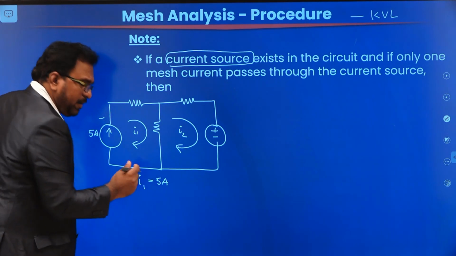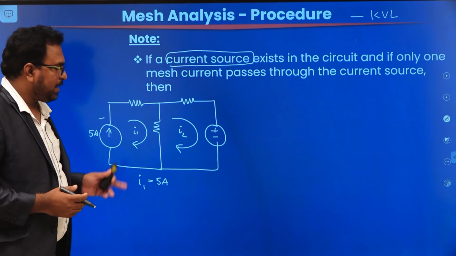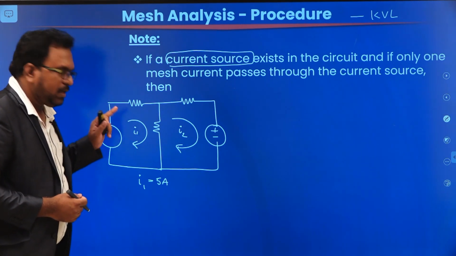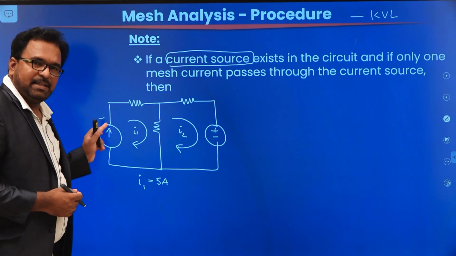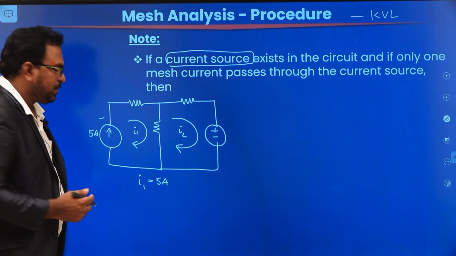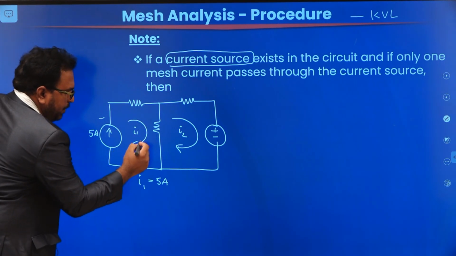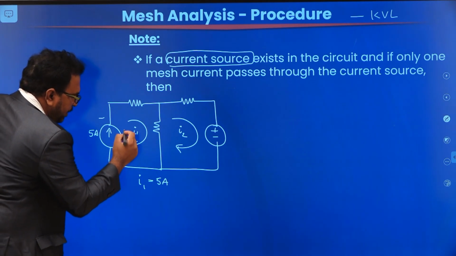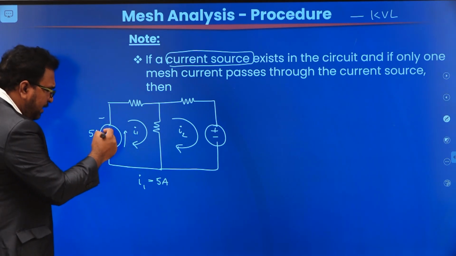But whether it is plus 5 or minus 5 will be decided by the direction. If the source current value and the direction of the variable are both in the same direction, then we will choose plus. See here, I1 is moving clockwise. When it is moving clockwise, coming to the source, it is moving upwards. And the source current direction is also upwards.